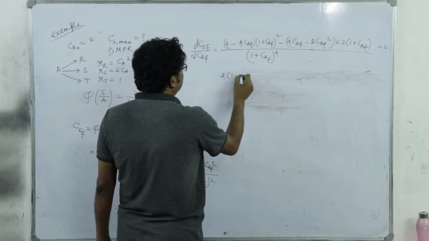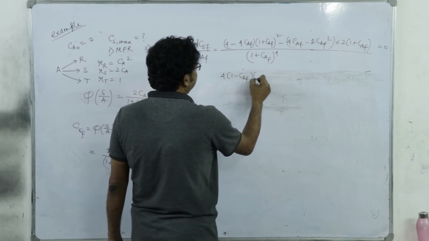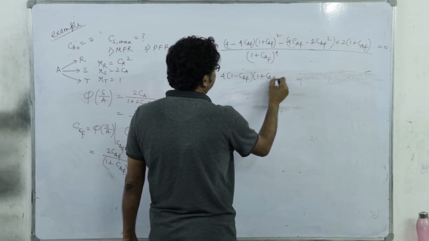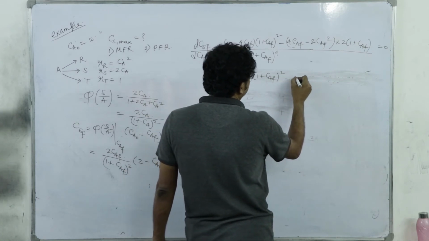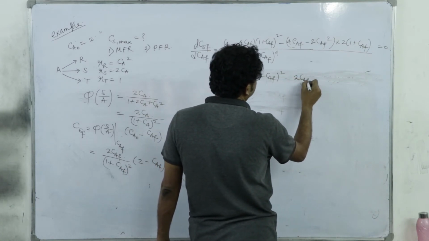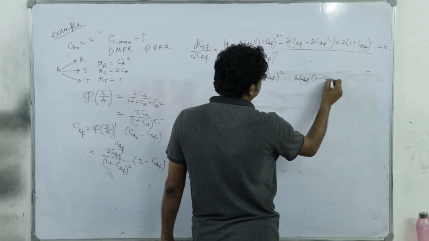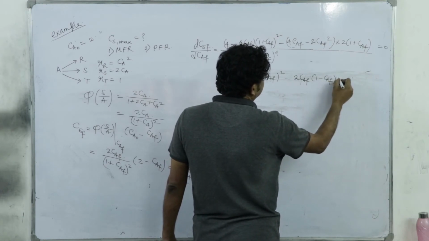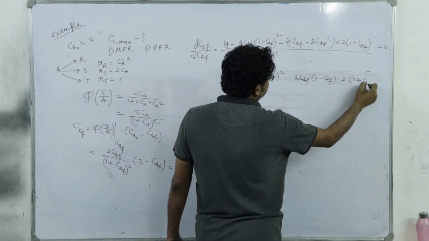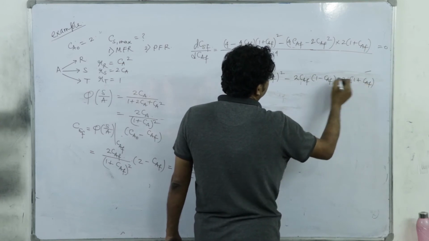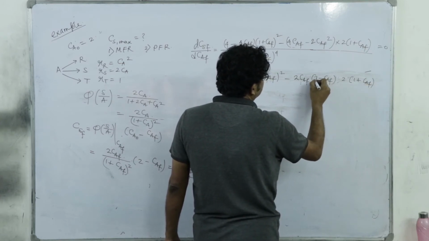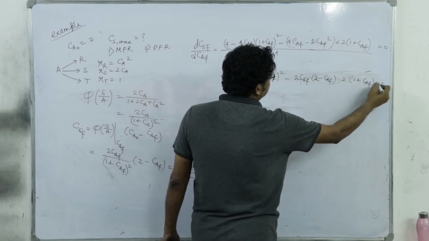4 (1 minus CAF)(1 plus CAF) whole square minus 2 CAF (1 minus CAF) into 2 (1 plus CAF), this is (2 minus CAF), equal to 0.